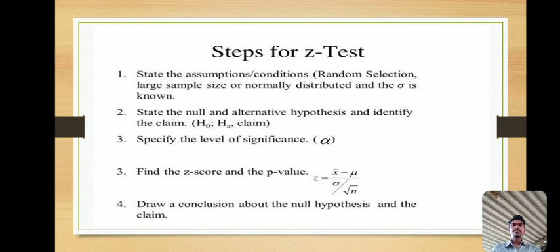HA claim. Third, specify the level of significance alpha. Find the Z-score and p-value. Z is equal to x bar minus mu upon alpha upon square root n. Fourth, draw a conclusion about the null hypothesis and the claim.